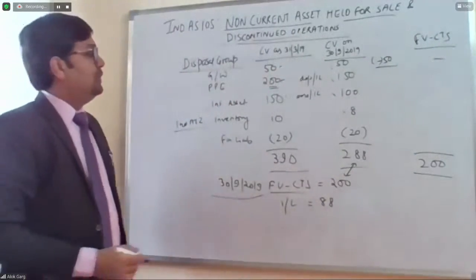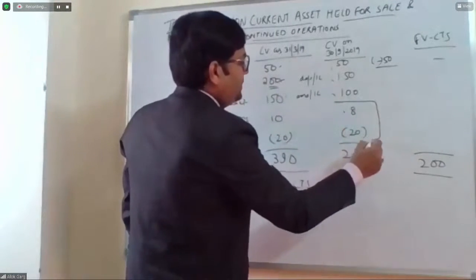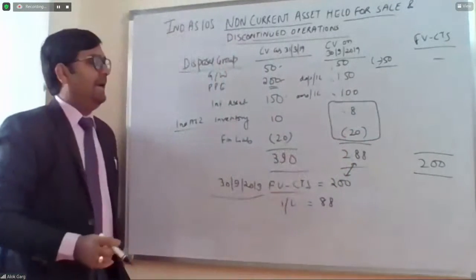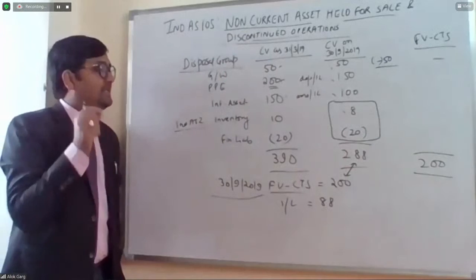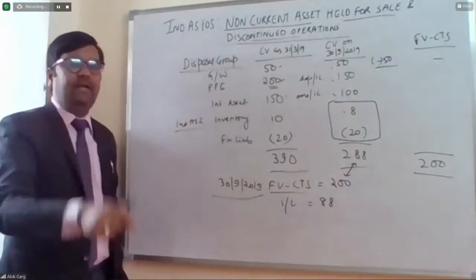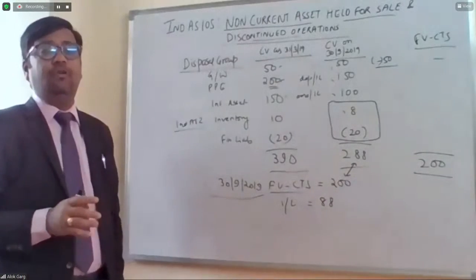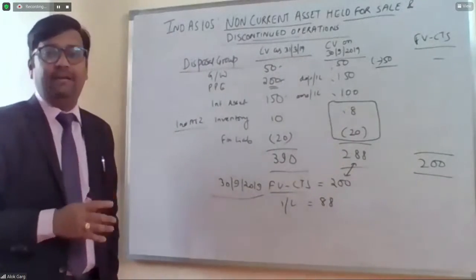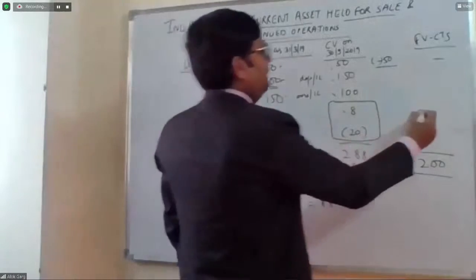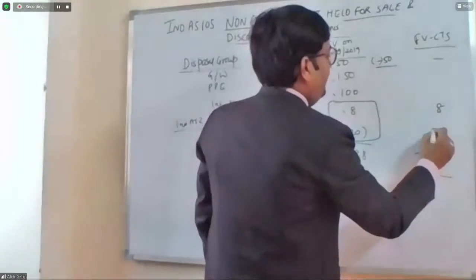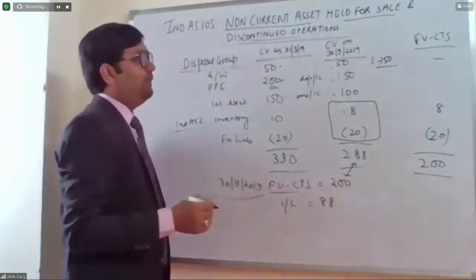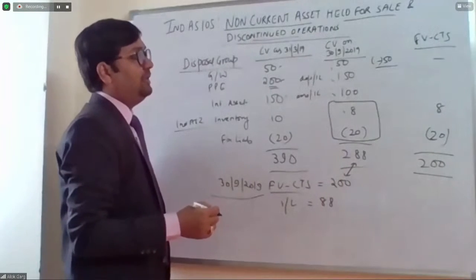Then you are not required to touch this financial liability and inventory because this inventory and financial liability is already at fair value. Okay. So the value of inventory and financial liability is no longer lesser than the fair value. So it means it will become 8 and this will become 20.